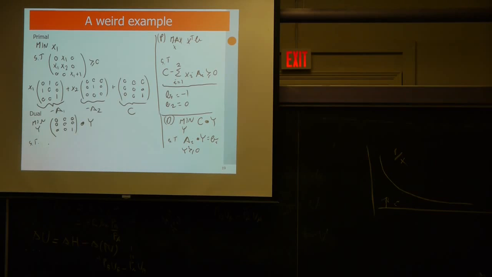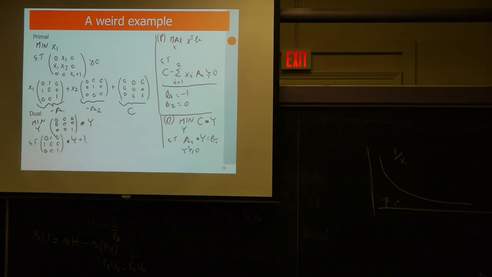So B1 is minus 1, and this is minus A1, I can multiply everything with minus 1. So what we have is that subject to this is 1.